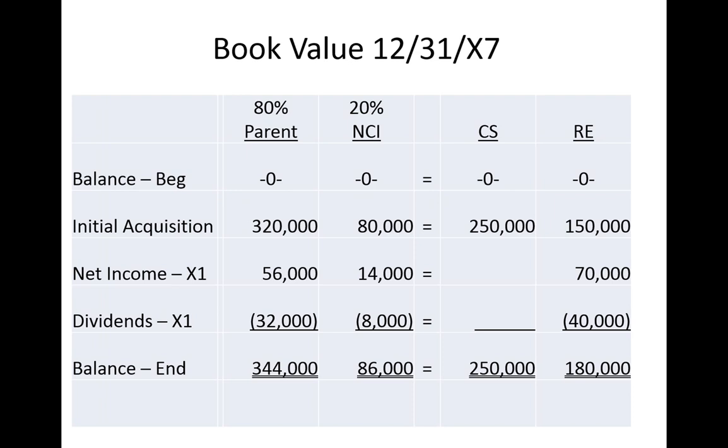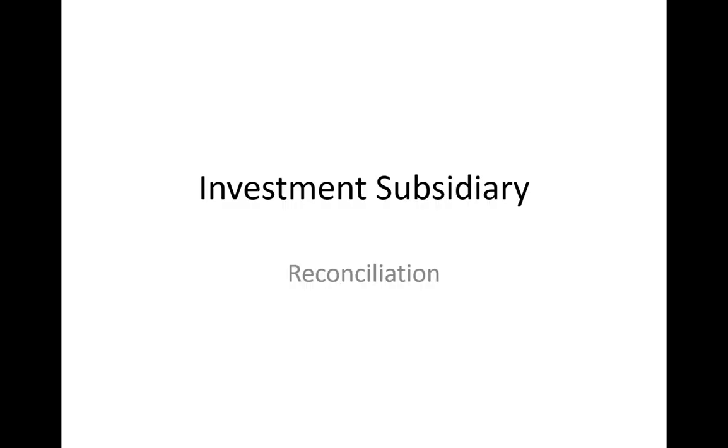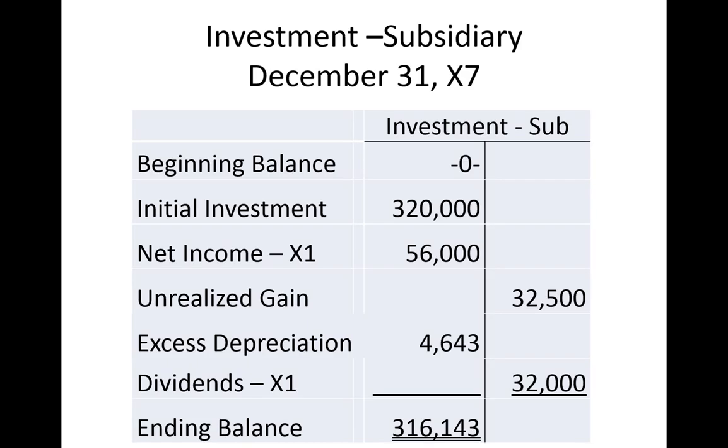From this, we can compute our book value schedule, which you see. We can reconcile our investment in sub. And notice, we really don't mention this every time, but all this investment reconciliation here is no more than us taking the equity method journal entries that we make during the year and posting these to a T account.